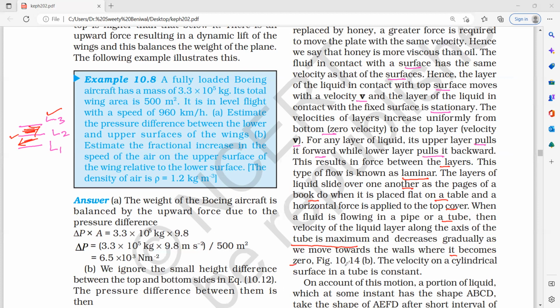Let us go to figure 10.14b. The velocity on a cylindrical surface in a tube is constant. So let us explain this by looking at the picture.